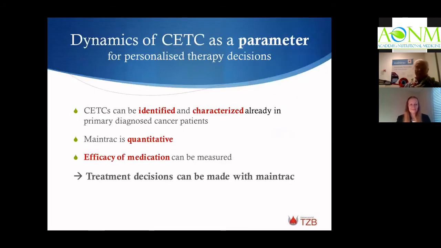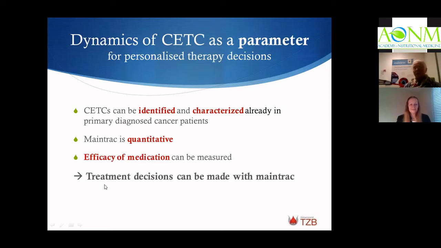So, in conclusion, we can identify the circulating tumor cells, we call them circulating epithelial tumor cells, and can characterize them, and not only in metastasized situations, but also in the primary tumor, where patients may be cured. Our analysis is quantitative, and we can test in advance the efficacy of a medication, and then we can, in addition, look at the cells, whether they really die.